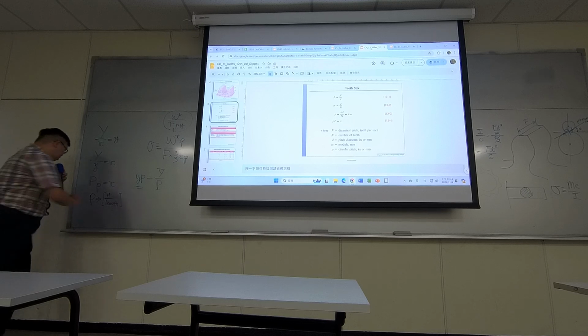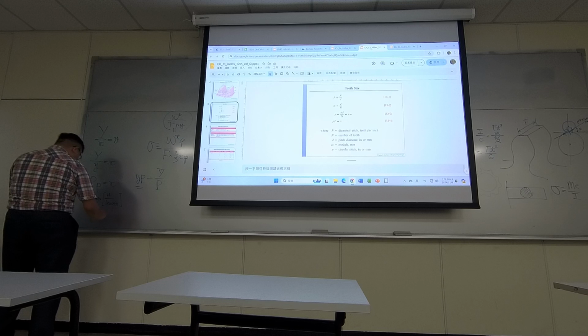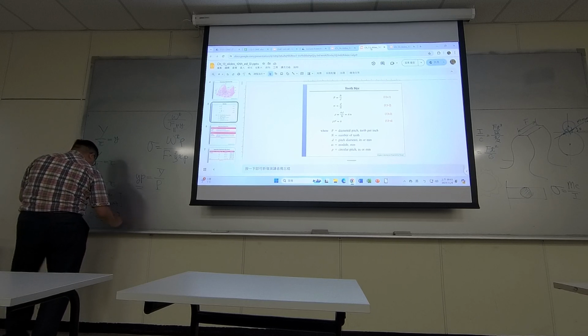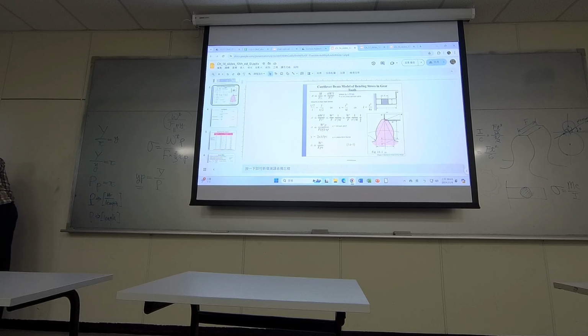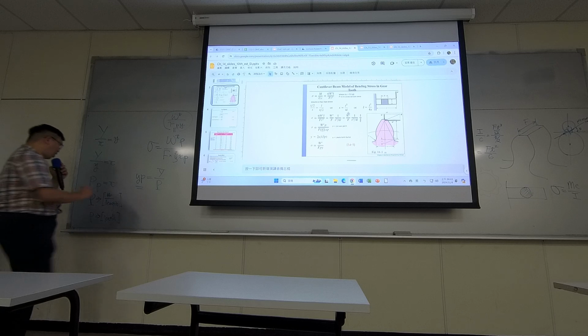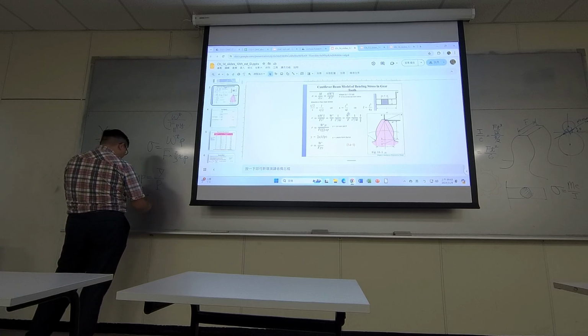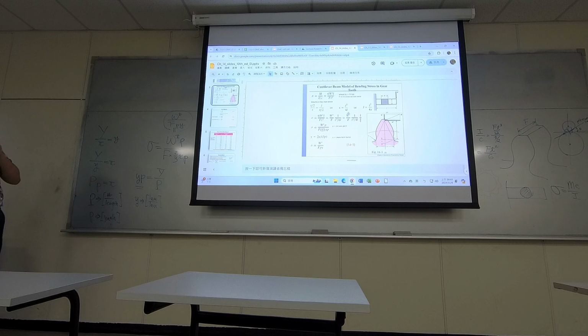Small p is pitch, so small p, of course, is the unit of length. And if you check on small y, it's in the unit of length over length, so it's dimensionless, right? It's x over p.